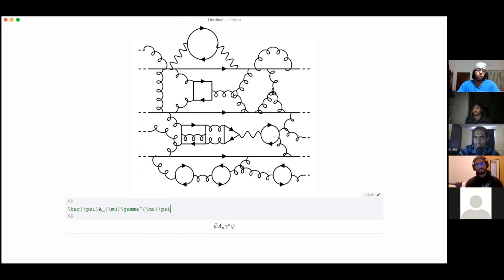So you see this is psi bar, psi, A, gamma at the vertex with an iE. There'd be some pi stuff that doesn't matter, but basically you can track what's going on.